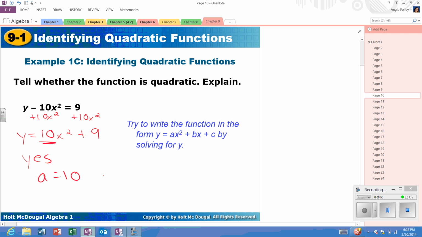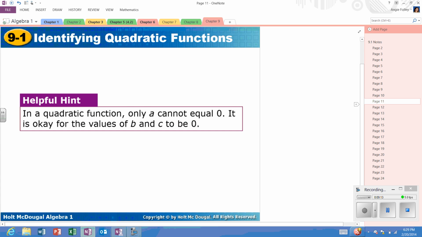I don't have a b term, meaning something before the x, so that's 0, and my c term is 9. It's okay to have a b or c term that is 0. You cannot have an a term that is 0. So as long as we've got this x squared term, then it is a quadratic function. So you can only have a not equal to 0. It's okay if your b and c terms are 0, meaning there's no terms there.